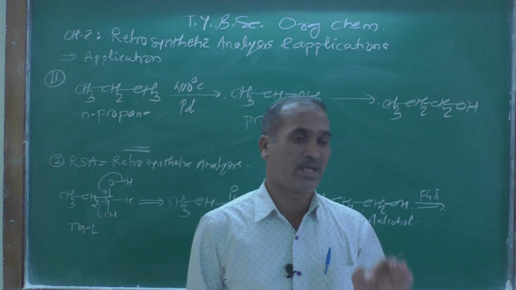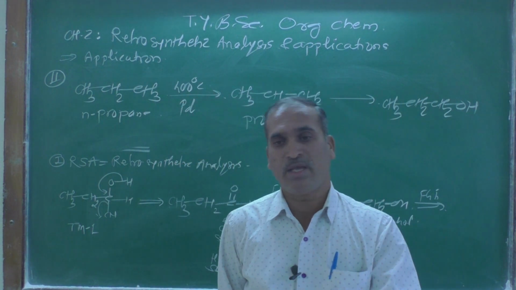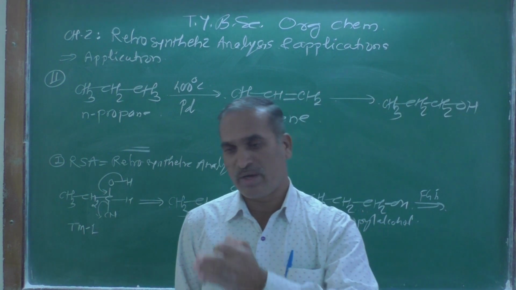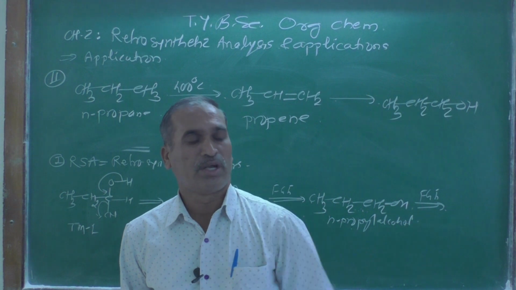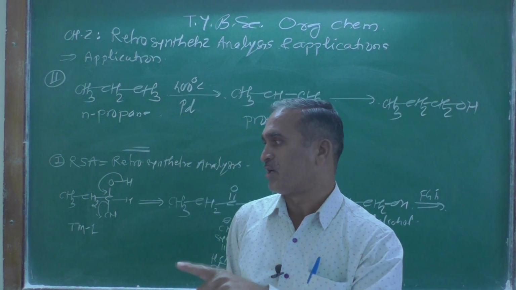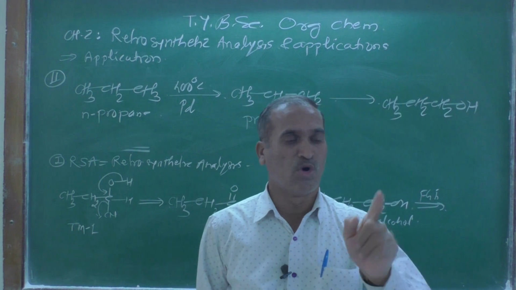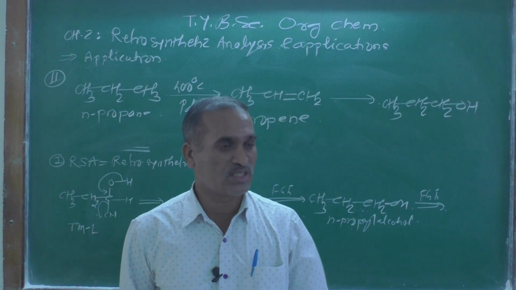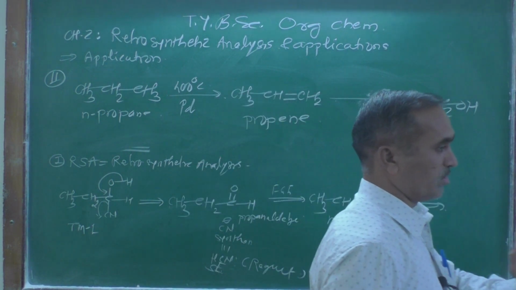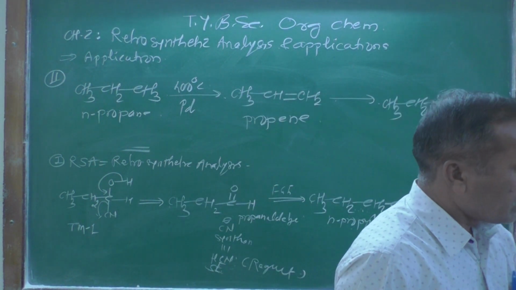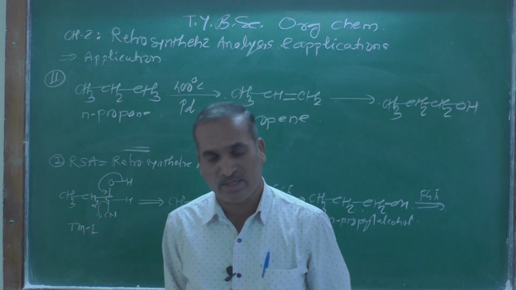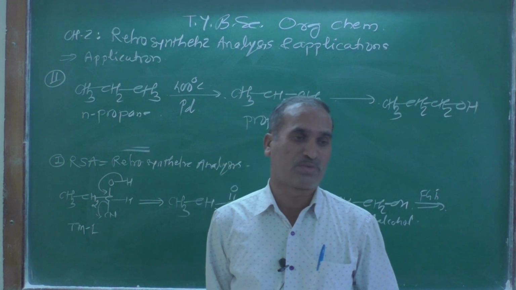Markovnikov's rule is definitely related to an addition reaction. In an addition reaction, the negative part of the reagent attaches to the carbon atom which carries less number of hydrogen atoms. That is what Markovnikov's rule says, and exactly opposite to that is called anti-Markovnikov's rule.